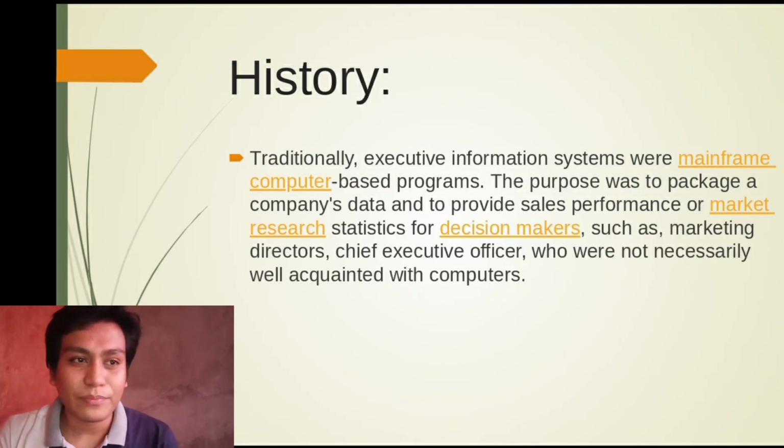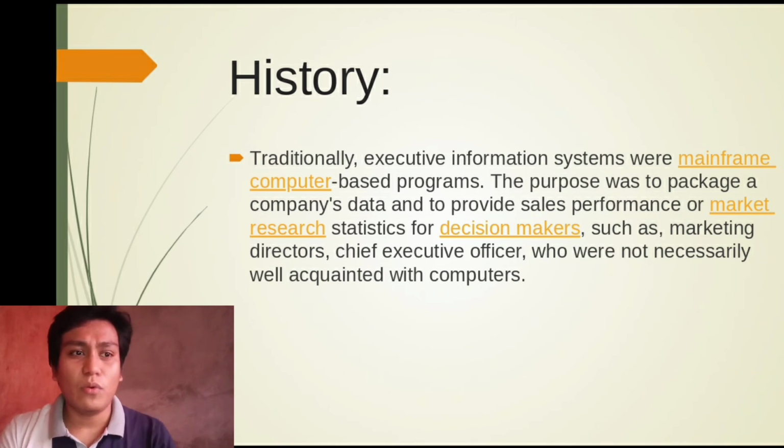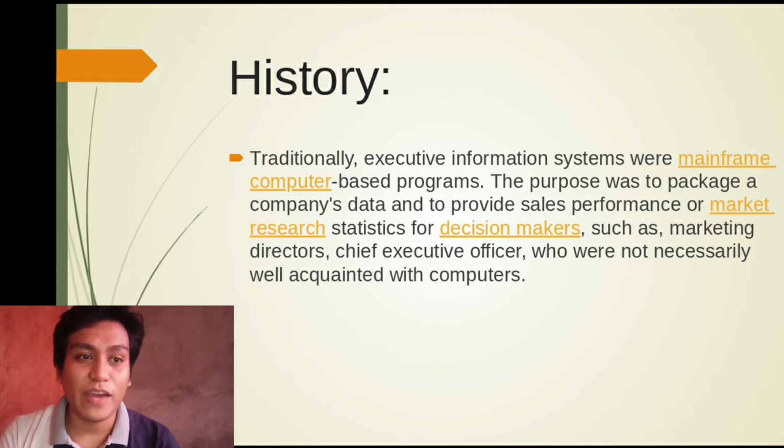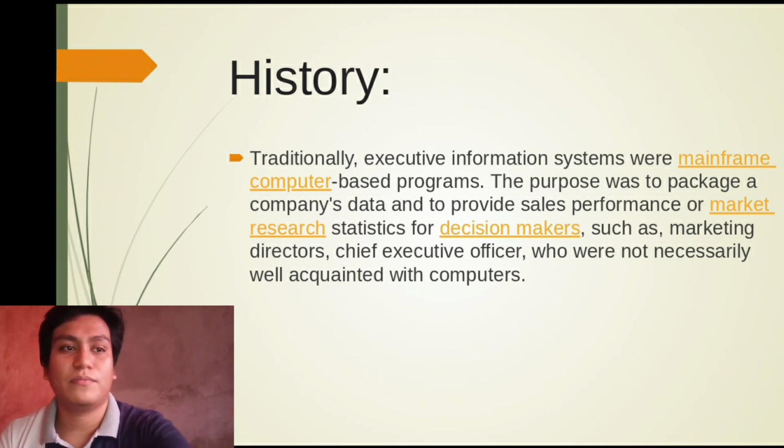The history. Traditionally, executive information systems were mainframe computer-based programs. The purpose was to package a company's data and to provide sales performance or market research statistics for decision makers, such as marketing directors and chief executive officers, who were not necessarily well acquainted with computers.